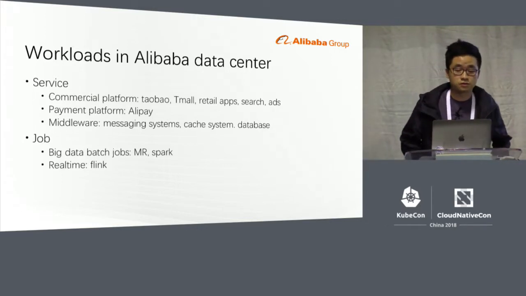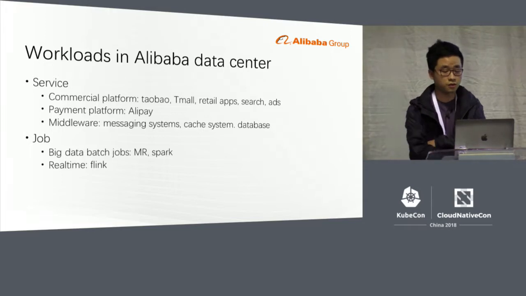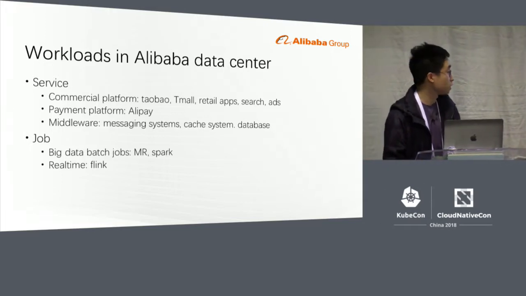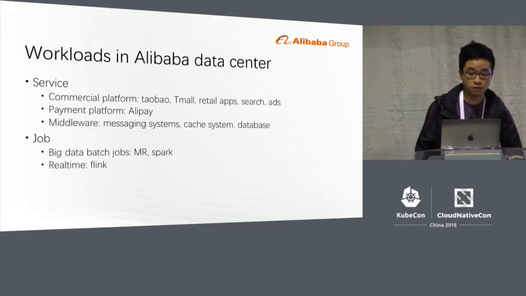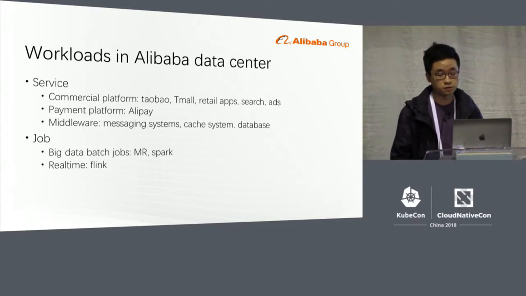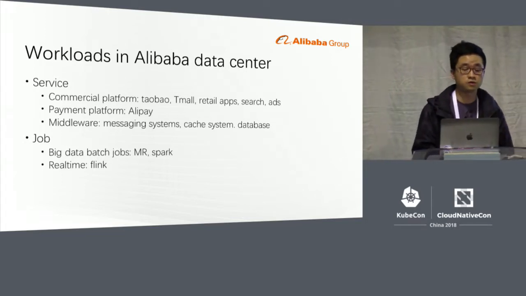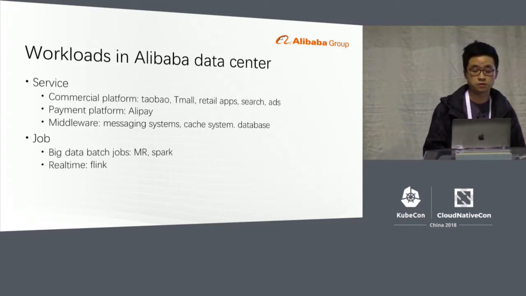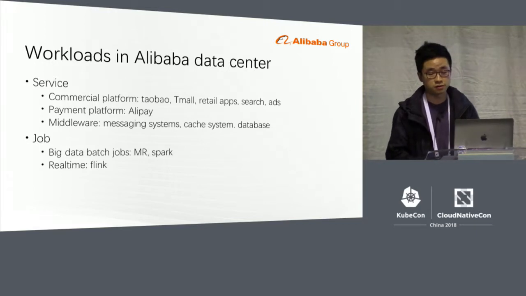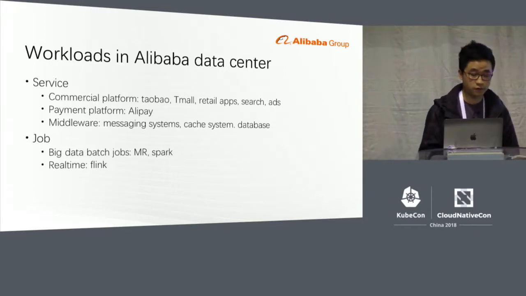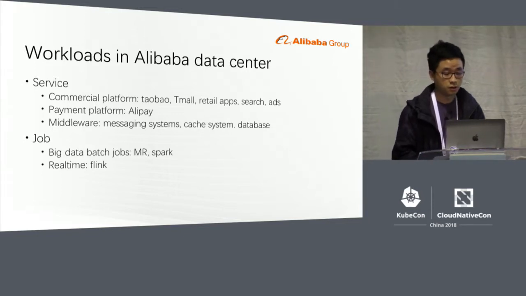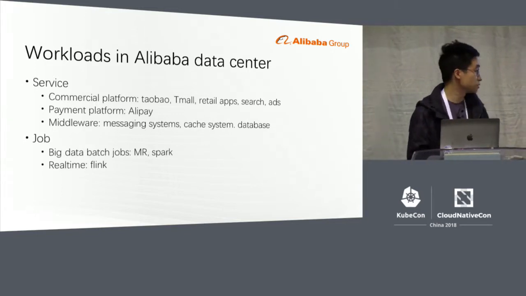Our workloads in the Alibaba data centers split into two different types. First, we have online services. The online services are in charge of the commercial platforms, the web applications we use daily such as Taobao, Tmall, retail apps, Hema, and other search capabilities. They also take care of the payment platform, for example Alipay.